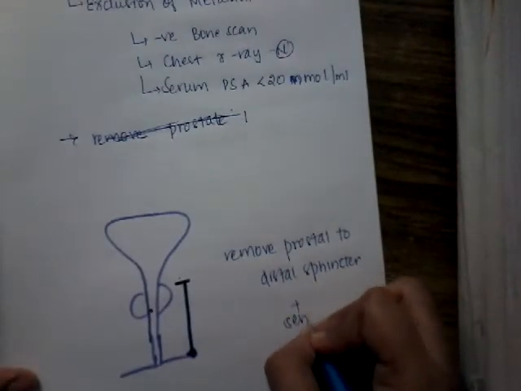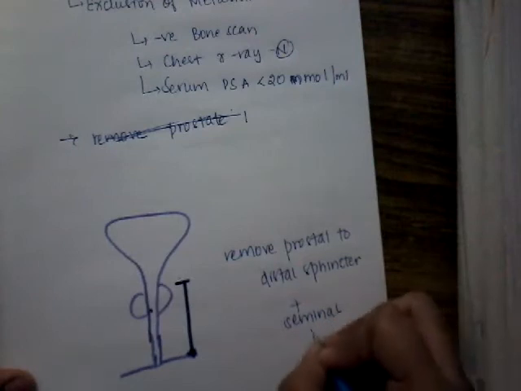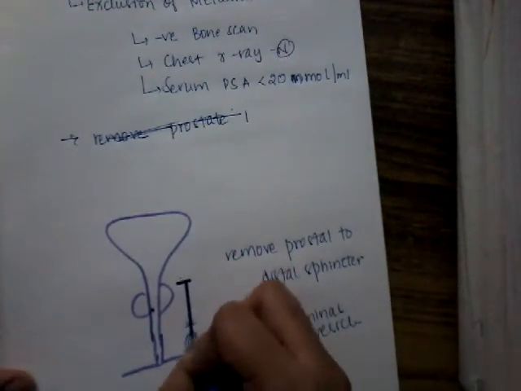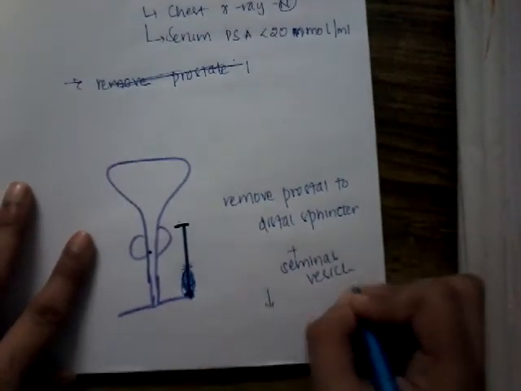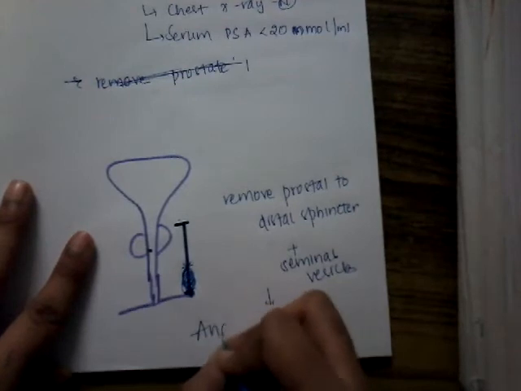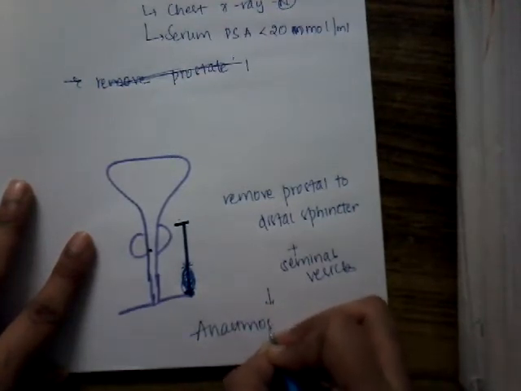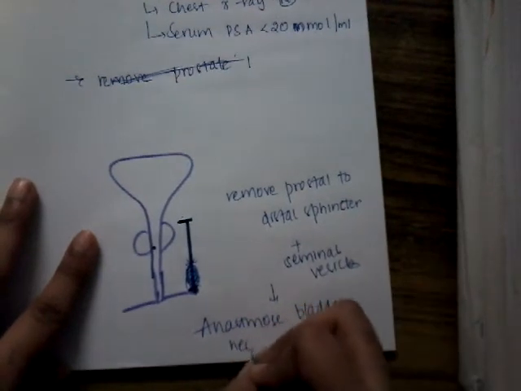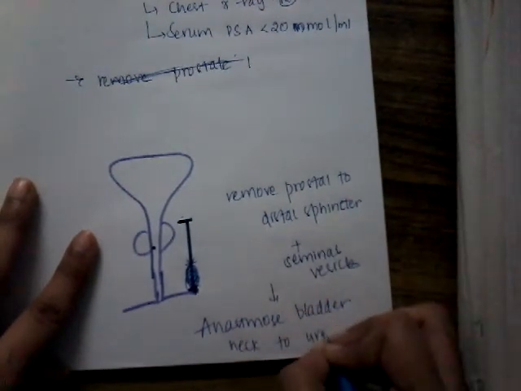Till here, not till here, only till the sphincter. And then you anastomose the bladder neck to the urethra.